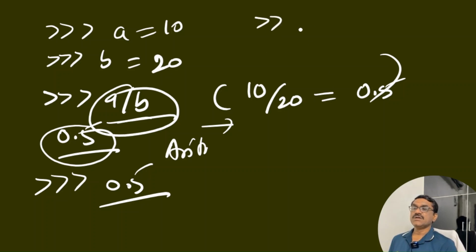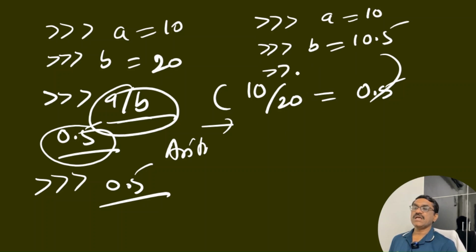Assume that here I say A is equal to 10 and B is equal to 10.5. If I say A plus B, what is the result we are going to get? A value 10 and B value 10.5.